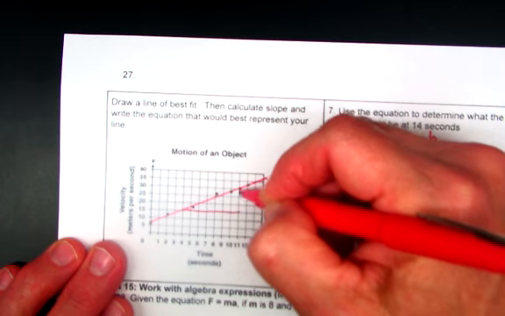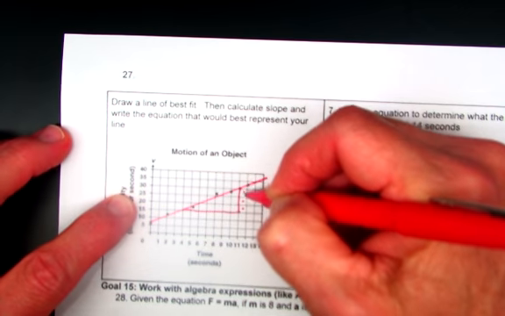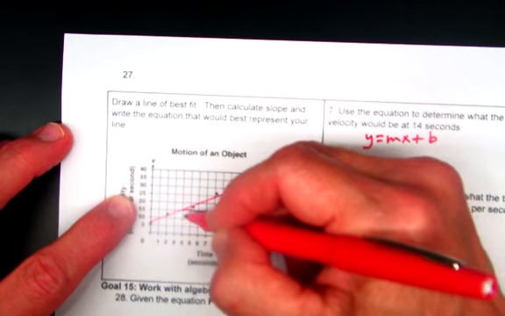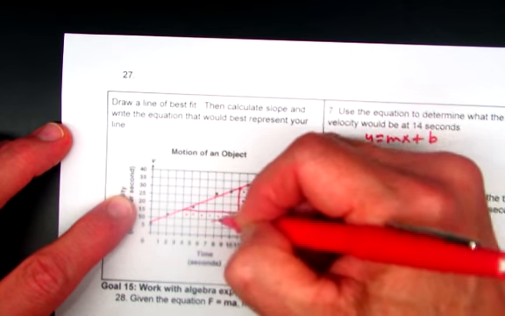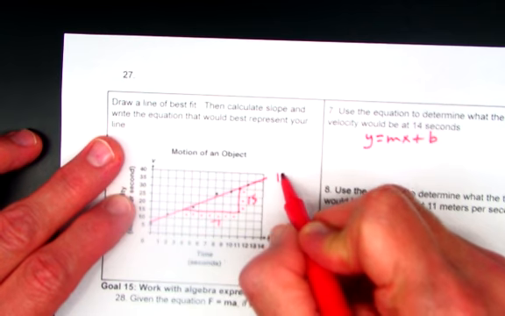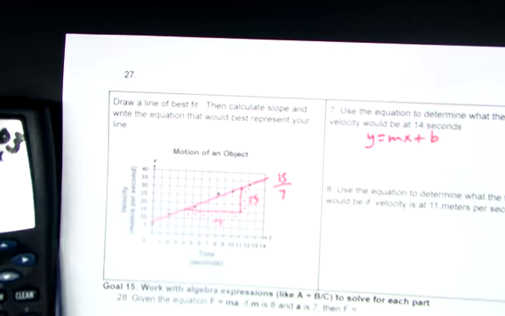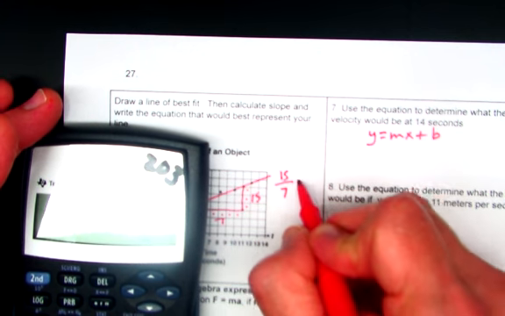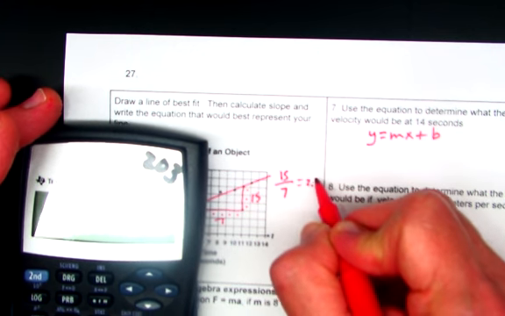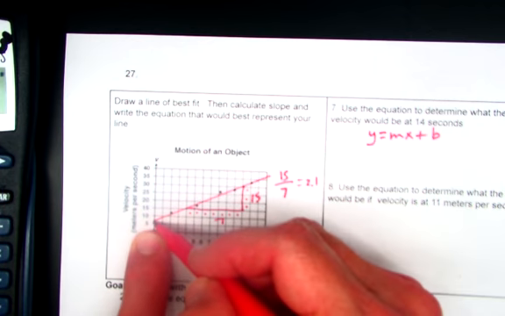If I make a triangle here, it rises by 5s: 5, 10, 15. The bottom goes by 1: 1, 2, 3, 4, 5, 6, 7. So my rise divided by my run is 15 divided by 7, which equals 2.14. We'll say 2.1. Where does it hit? It hits at about 6. That's going to be my y-intercept.